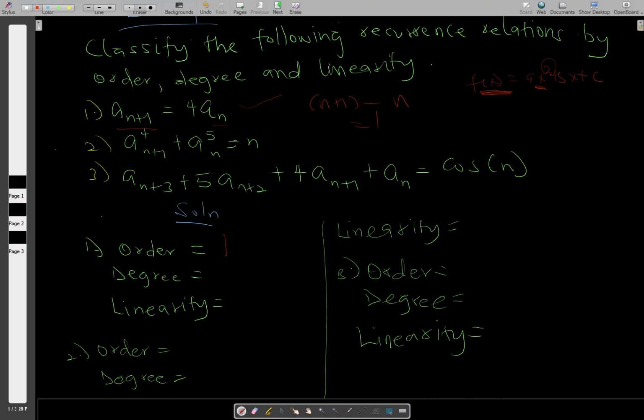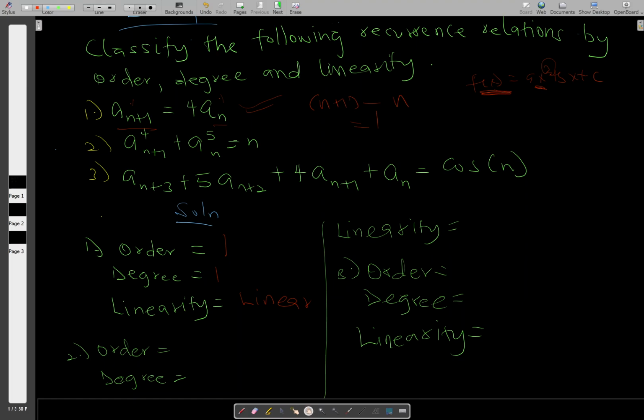The power is 1. This also to the power 1. So therefore the degree is 1. Linearity: since all the powers or the degree is 1, then we say that this recurrence relation is linear. So we say that a linear recurrence relation is just a recurrence relation of degree 1.